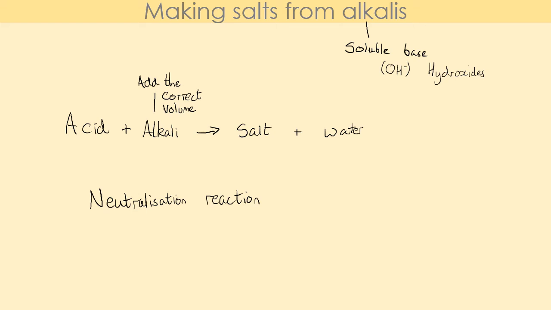To do this, we use something called titration. And we have a setup where we would have a conical flask which has acid inside it. We use hydrogen chloride. We then have a clamp stand, and we would have what we call a burette.